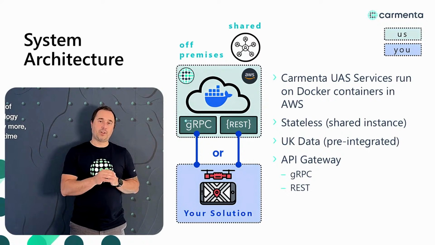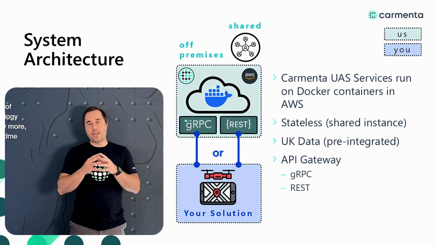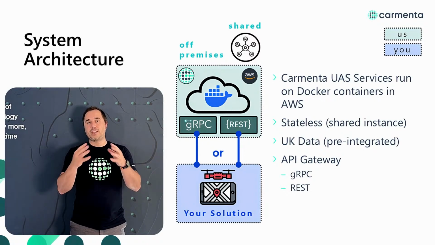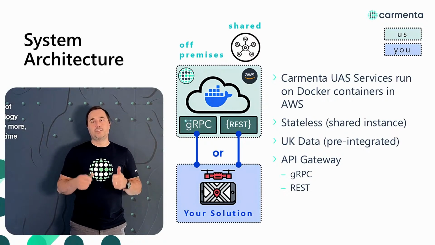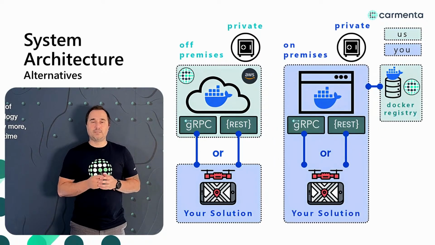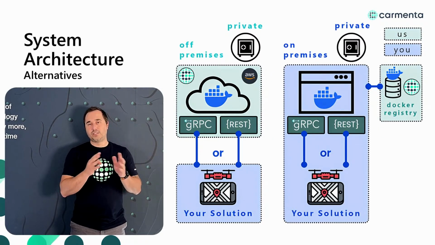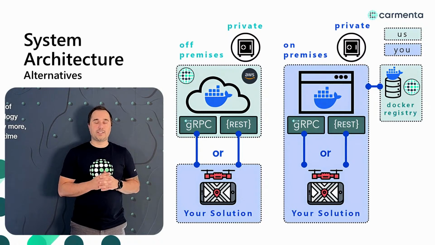What we offer you is an API gateway where you can select between using gRPC or a REST API to communicate, make requests, and receive the responses and results for your system. For those wanting to use it outside of the UK, I'll show you a slightly alternative architecture.